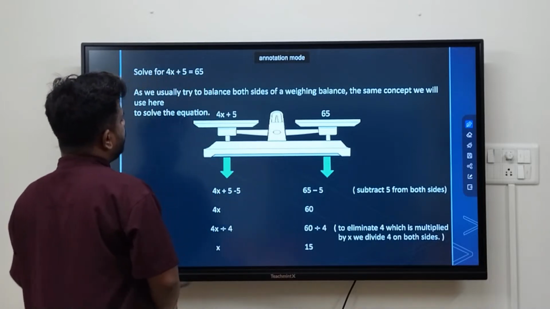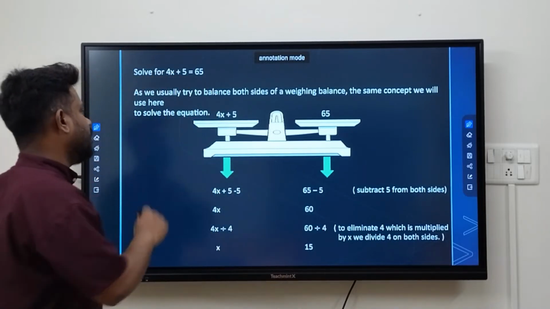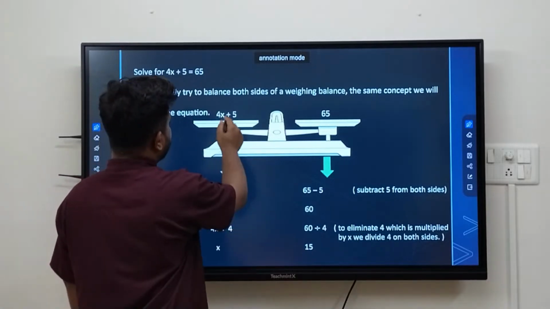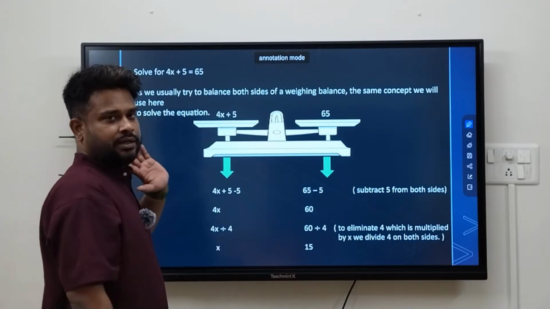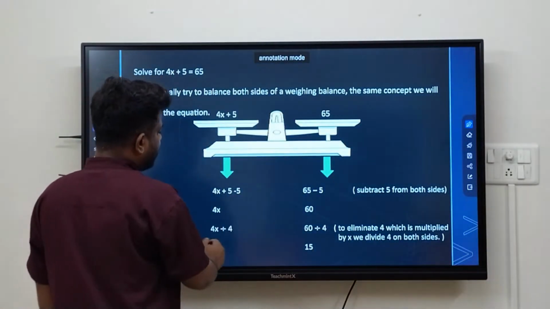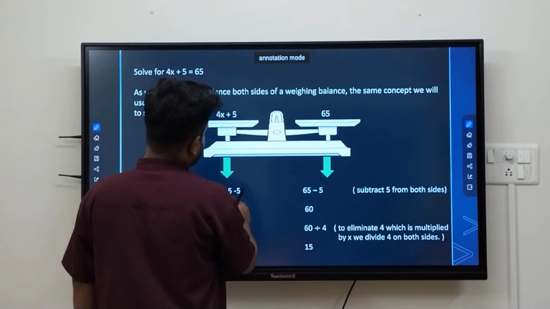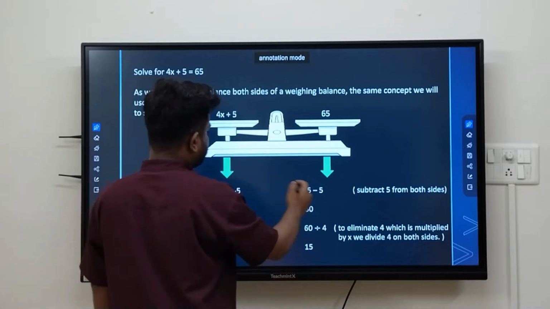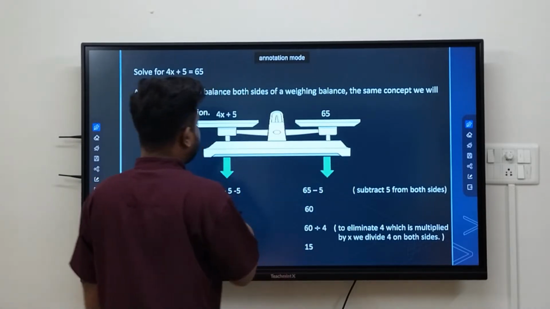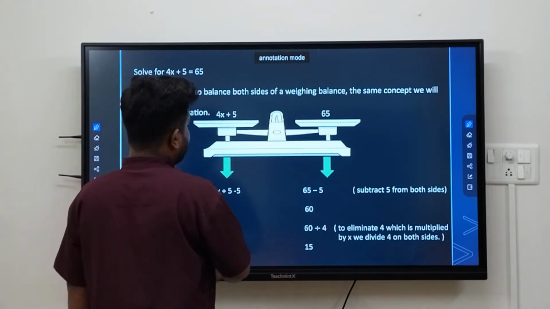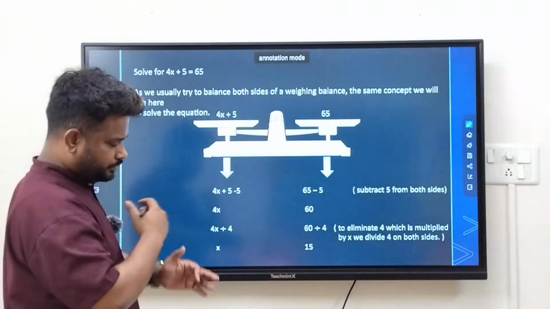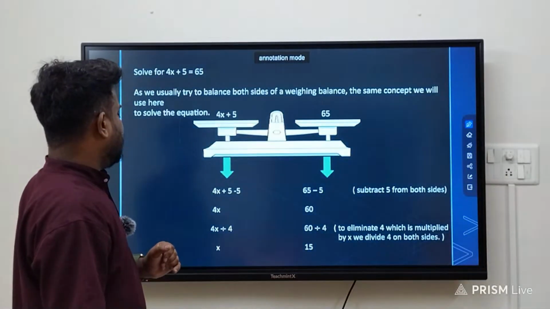So they are just going by process. First, to solve this one, we have to remove all the other things and just keep the x. Okay, so what they did is they subtracted 5 from this side and also 5 from this side. So it will give us 4x equals 60.